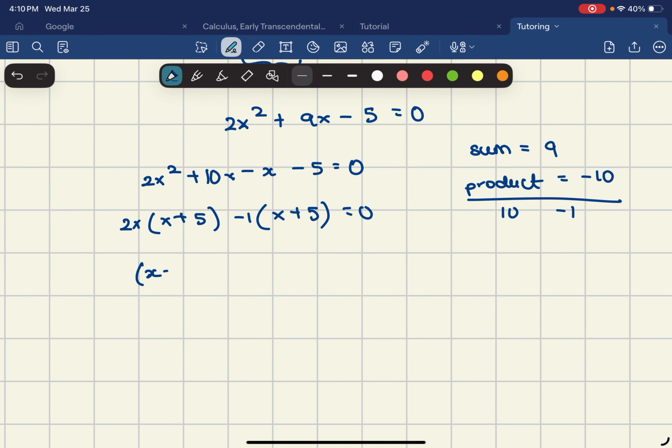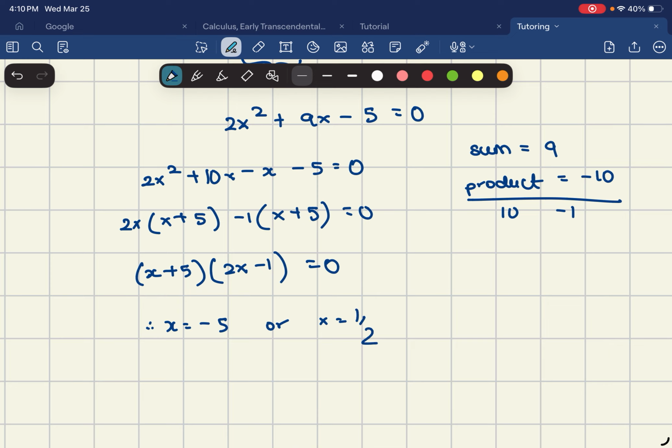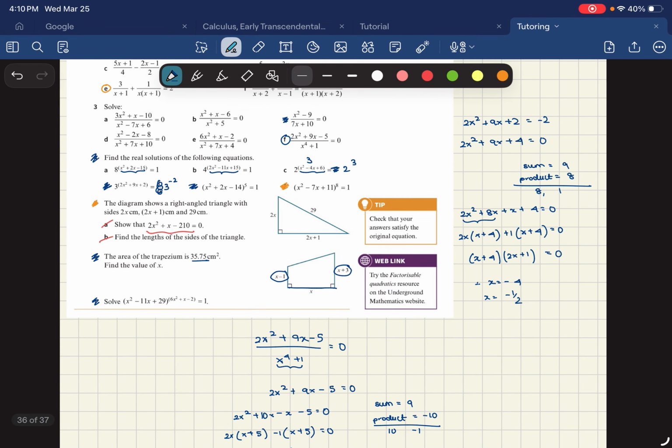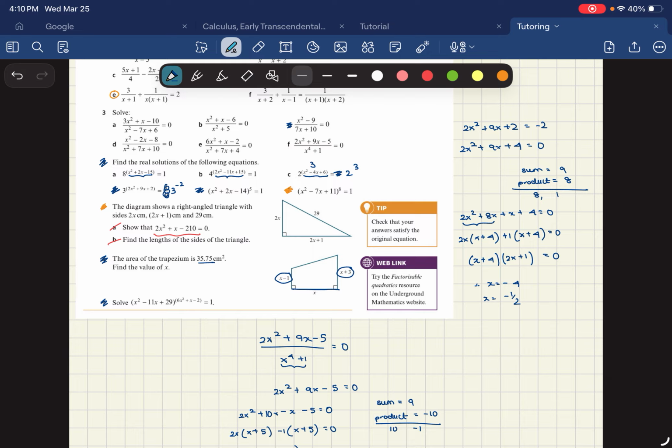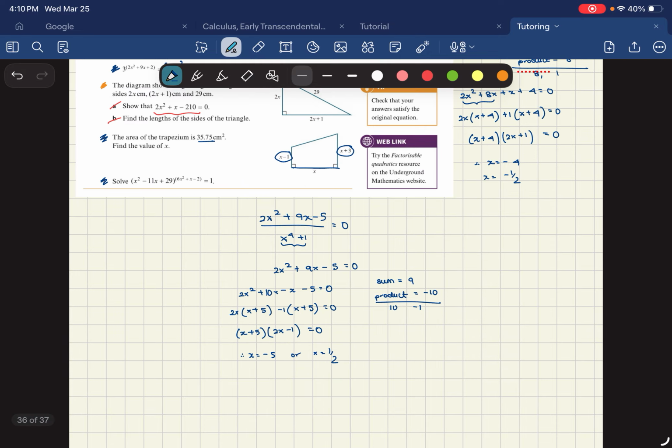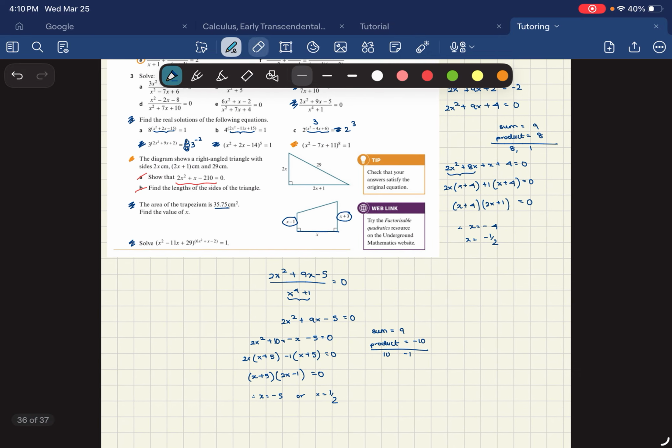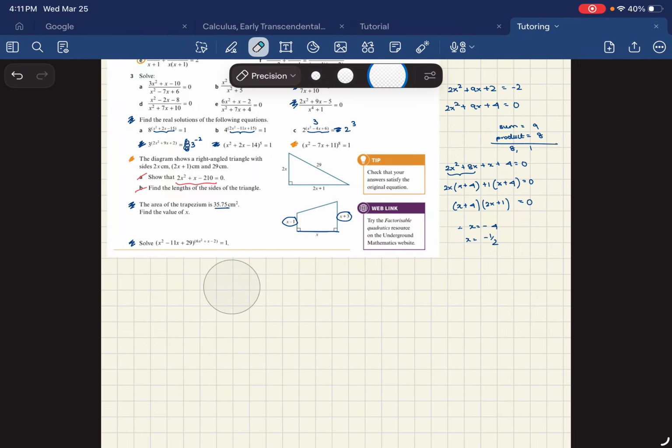And so this simplifies to x plus 5 times 2x minus 1. And therefore you get x is equal to negative 5 or x is equal to half. So those are going to be your solutions to question 3F. All right. So let's do question 3E.